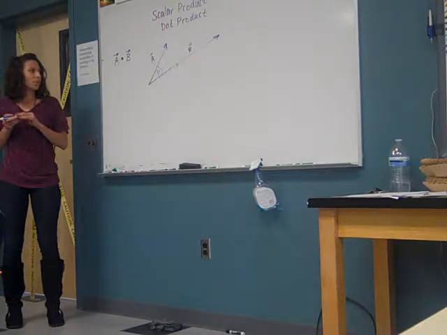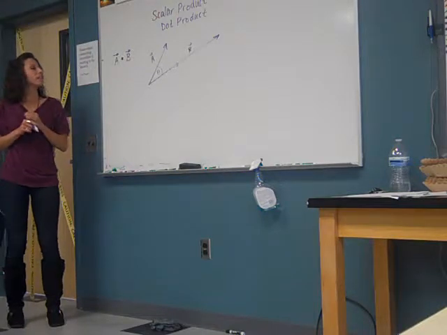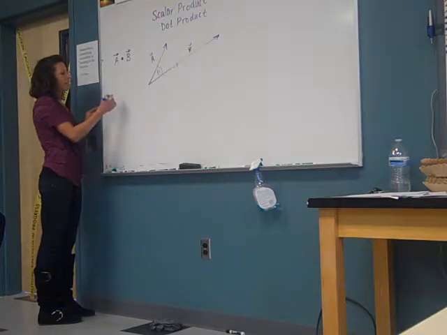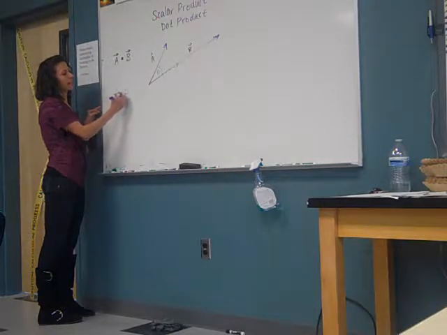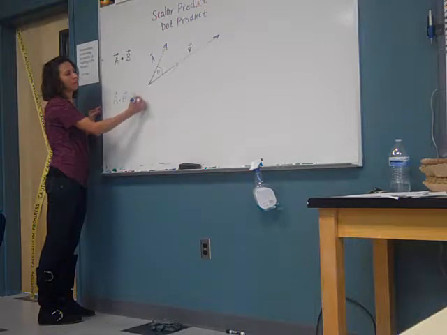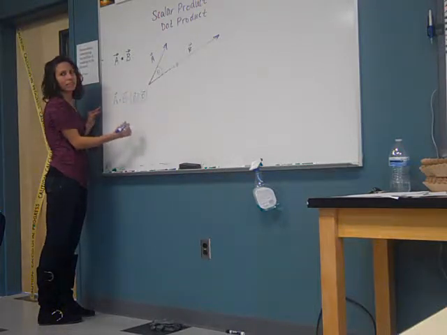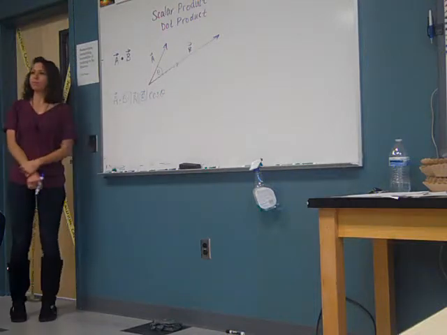There are two ways to take the dot product. The first way is to take the magnitude of vector A times the magnitude of vector B times the cosine of the angle between the two of them.